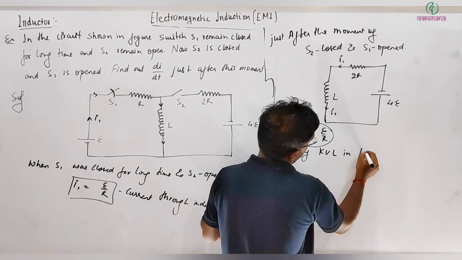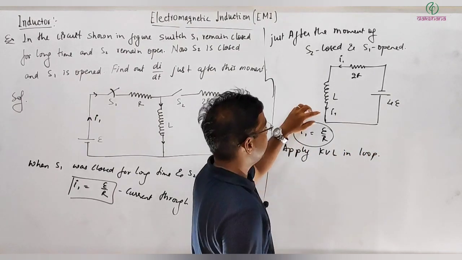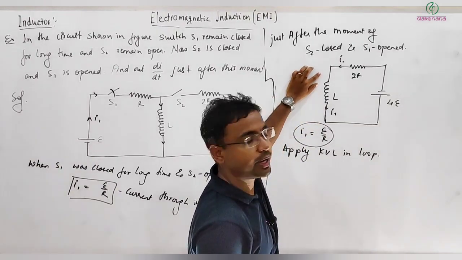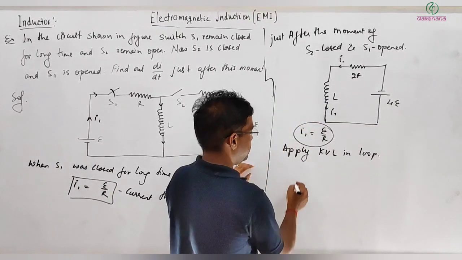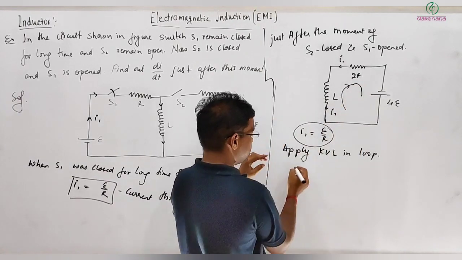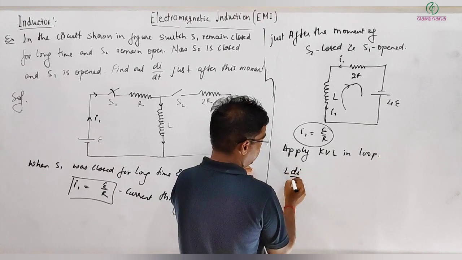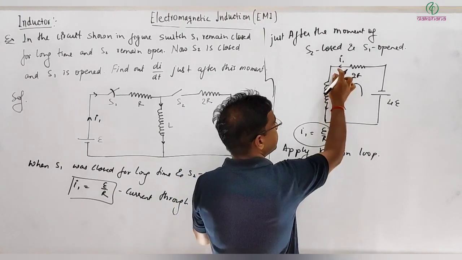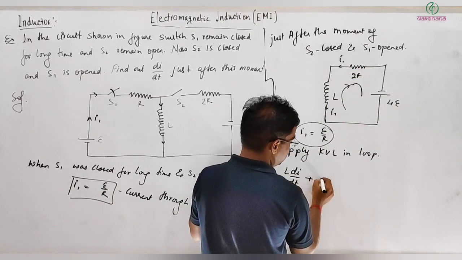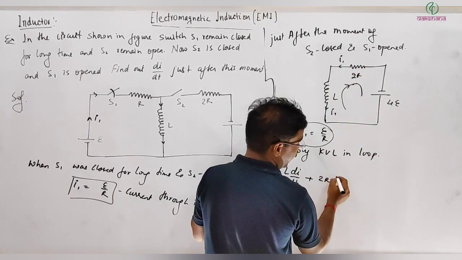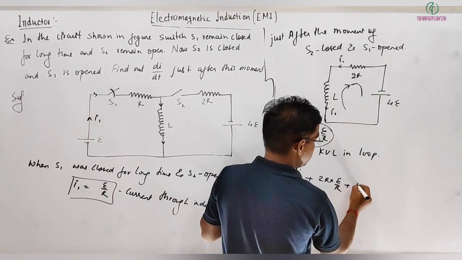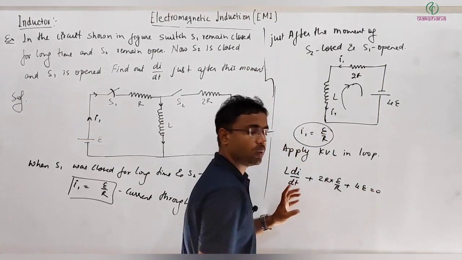Remember that I am going in the direction opposite to the current, so I will write plus L di by dt, and here also the current is flowing this way and I am going opposite to that, so it will be plus 2R into I, and I is E by R, and then plus 4E equal to 0.